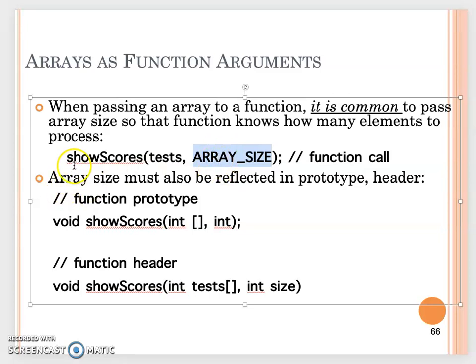After we update, your show scores function prototype will have the array data type as the first parameter, and then the second one, the int, is our size. Here I marked in red, that means the data type. Then the function header, the same thing: we will have the array data type.